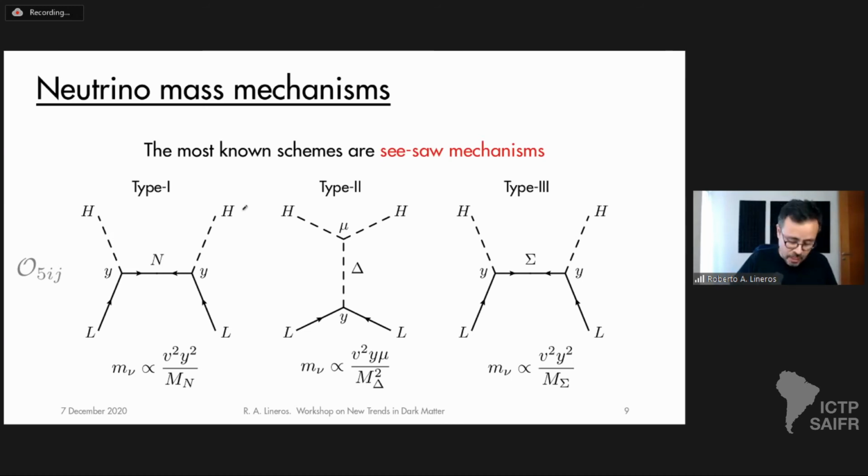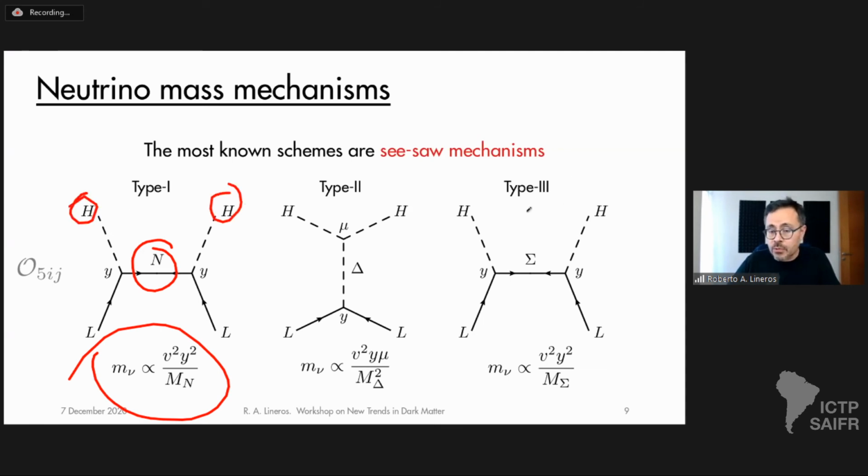The type 1 seesaw basically adds a right-handed neutrino to the standard model. This right-handed neutrino is a fermion singlet, so it doesn't have any charge under the gauge structure of the standard model, and you can generate the neutrino masses depending on the vacuum expectation value of the Higgs and so on.